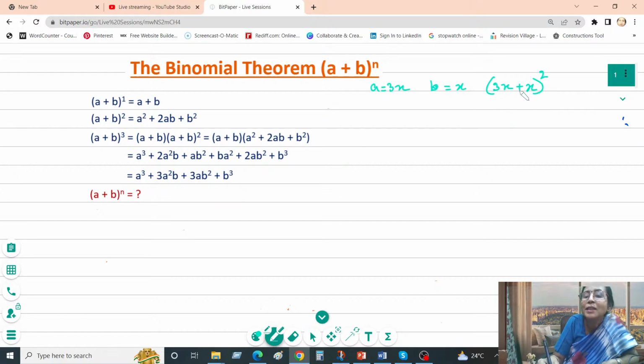Even though they contain variables, these two are like terms, so we can add them. 3x plus x will be equal to 4x, whole raised to the power of 2, will be giving us the answer as 16x squared. Still, we do not require any binomial theorem.